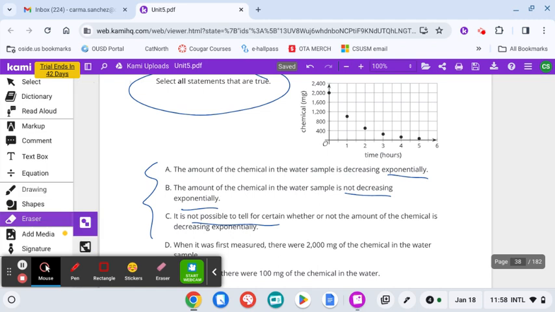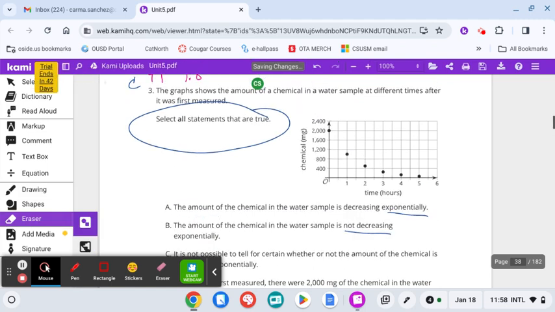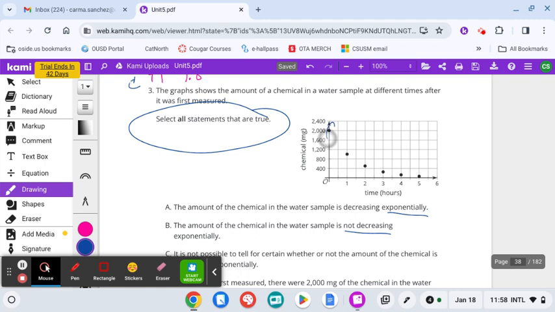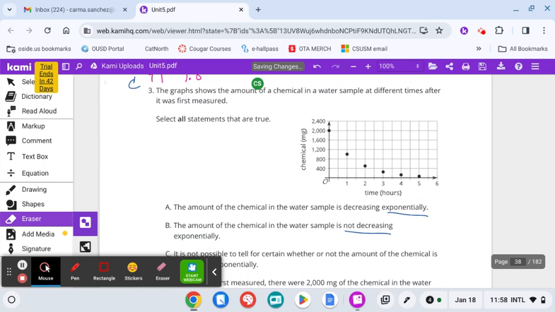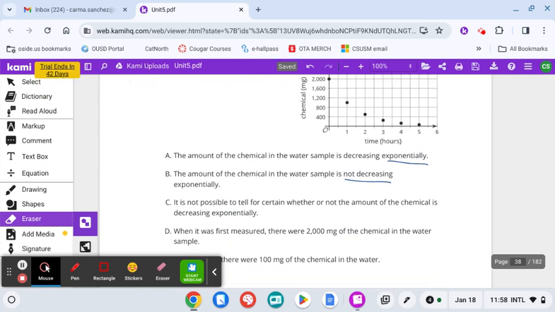We're choosing between those, though it is tempting to look at this and say, hey, I can tell. It's starting at (0, 2,000). It goes down to 1,000, and then it goes down to 500. Even though it looks like it's decreasing by a factor of 1/2, we can't be sure. So if there are no numbers given and that's not on corners, we really cannot tell.